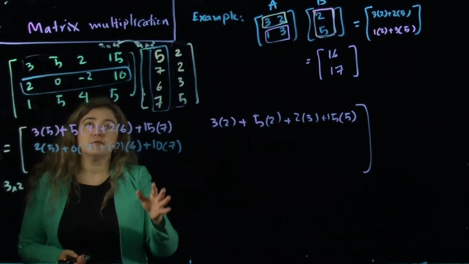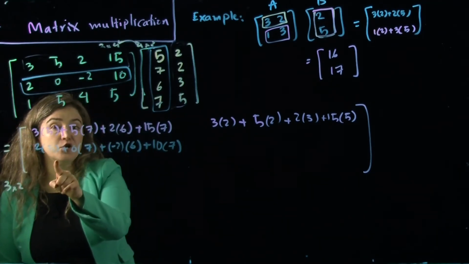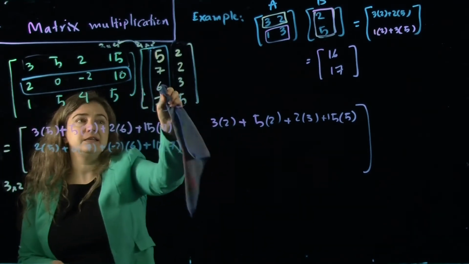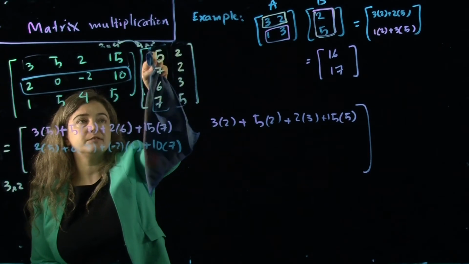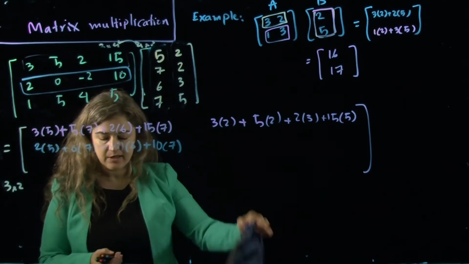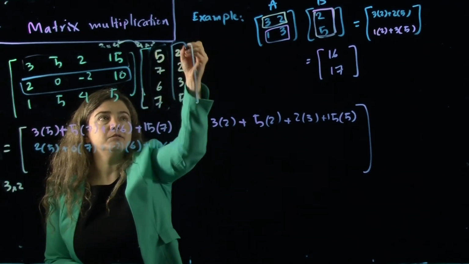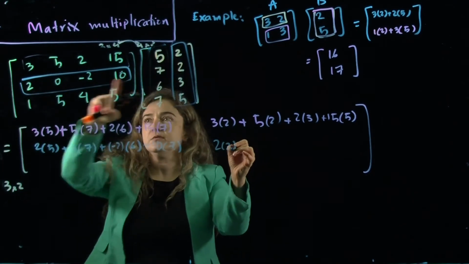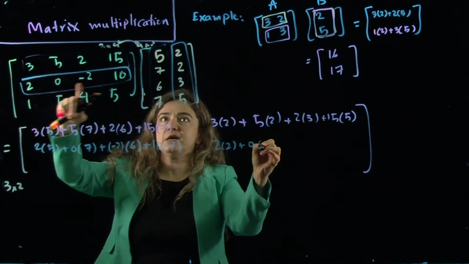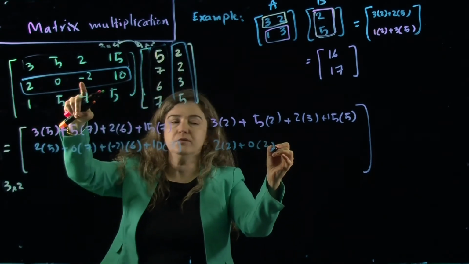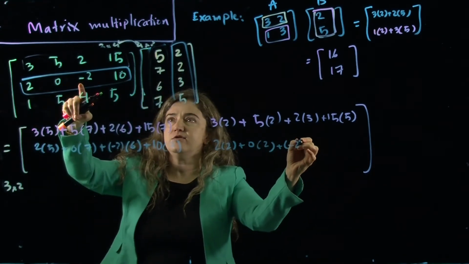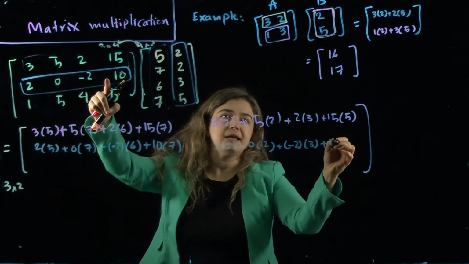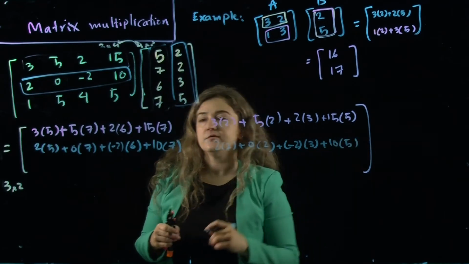And now, that's the first entry of the second row. Keep the row the same until you run out of the columns of the second matrix. And I go with that one. 2 times 2 plus 0 times 2 plus negative 2 times 3 plus 10 times 5.